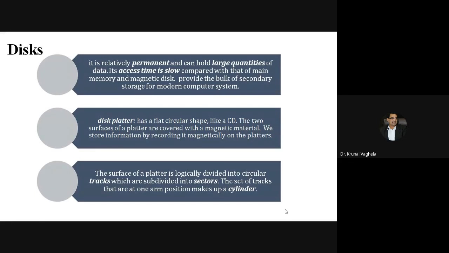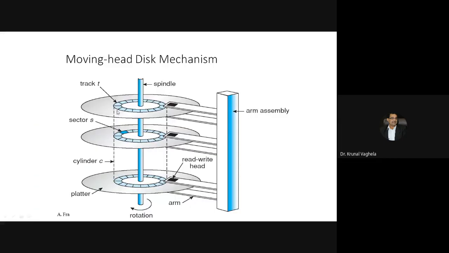Now, platter, we have already seen what a platter is. A platter has a flat circular shape like a CD. The two surfaces of the platter are covered with magnetic material, and we store information by recording it magnetically on the platters. So this structure, like the CD, these are platters.